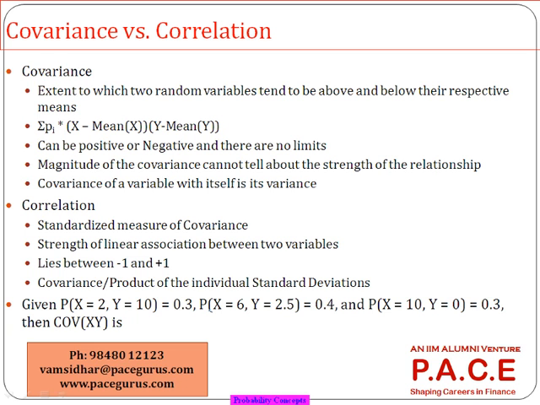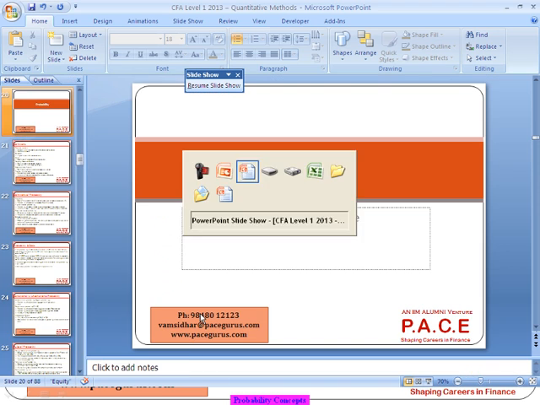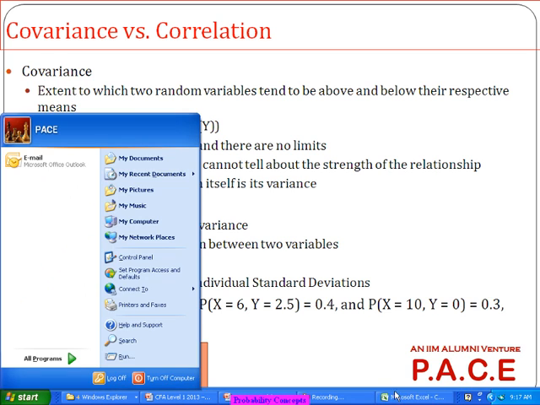Both of them have the same sign. But if the net is negative, it means that both of them are moving in opposite directions. One is positive, the other one is negative. So that is what is being indicated by covariance, just like the way we did for variance.